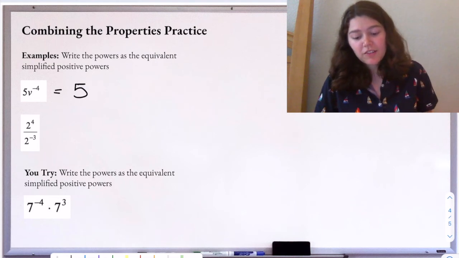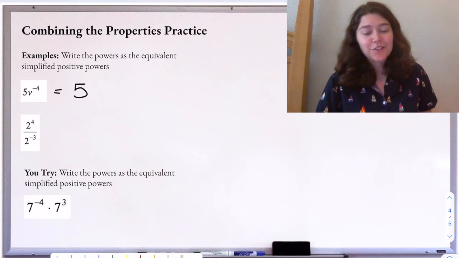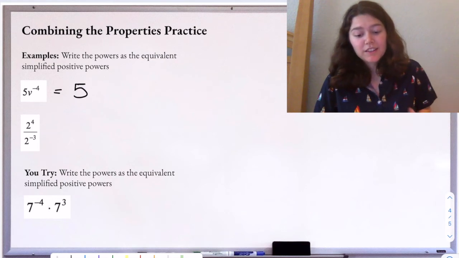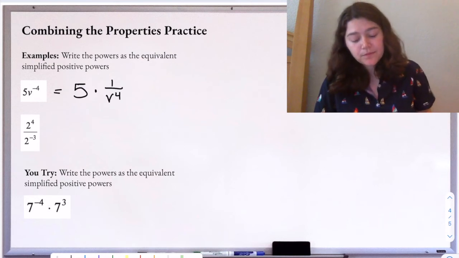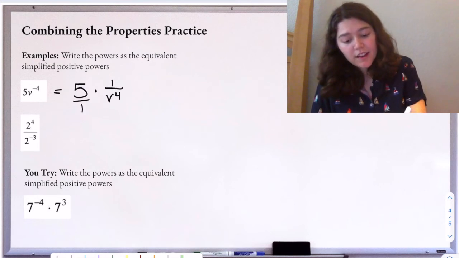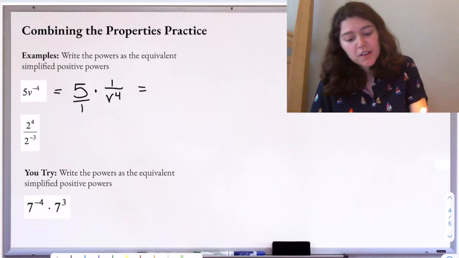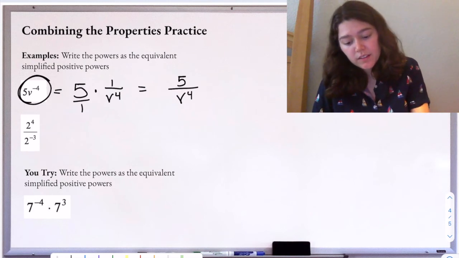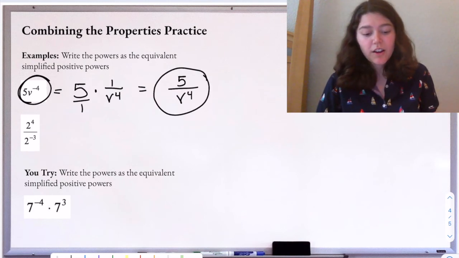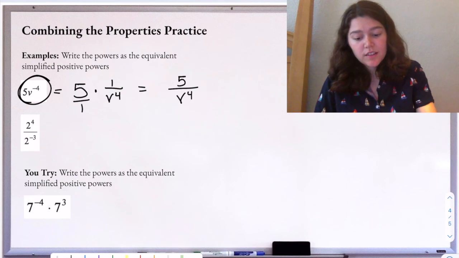But then I have v to the negative 4th power. V to the negative 4th power is equivalent to 1 over v to the positive 4th power. That 5 is equivalent to 5 over 1. So we get 5 over v to the 4th power. Okay, so this and this, those are equivalent expressions.